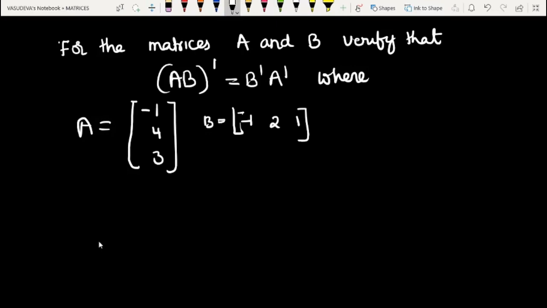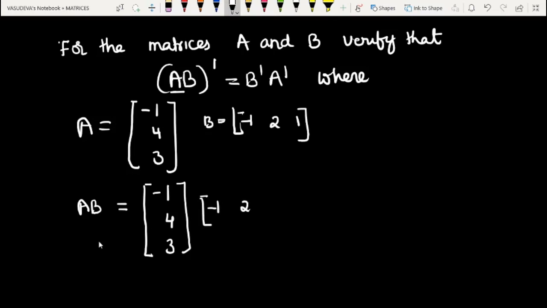Okay, so now to find AB, we have to check whether these two matrices are conformable for multiplication. So consider AB. AB is the matrix minus 1, 4, 3 times B, the matrix minus 1, 2, 1.